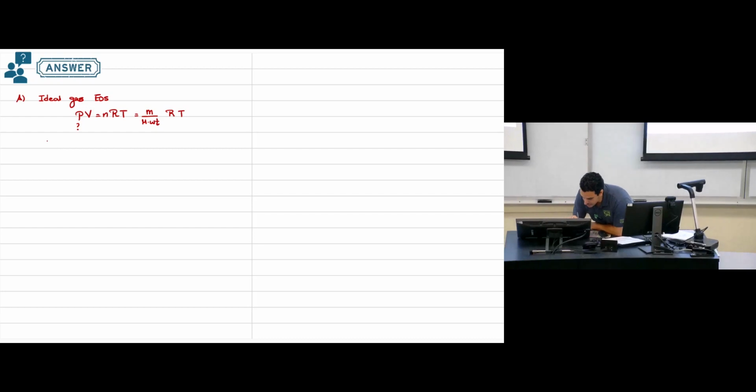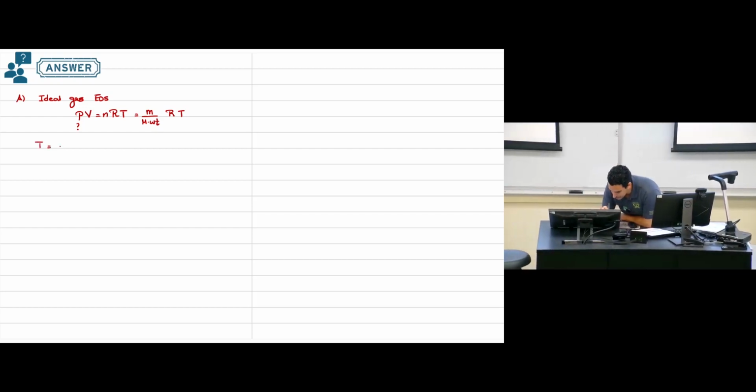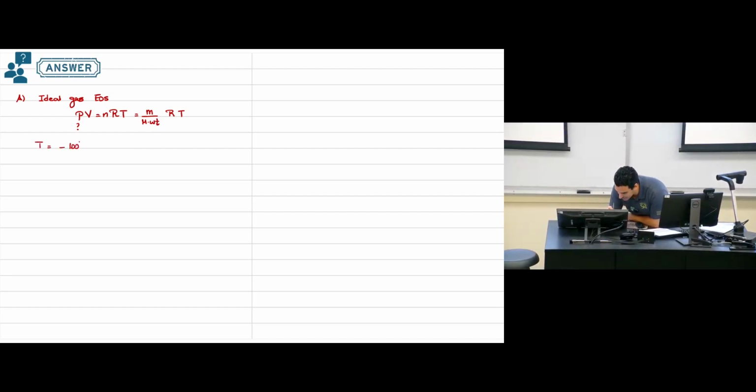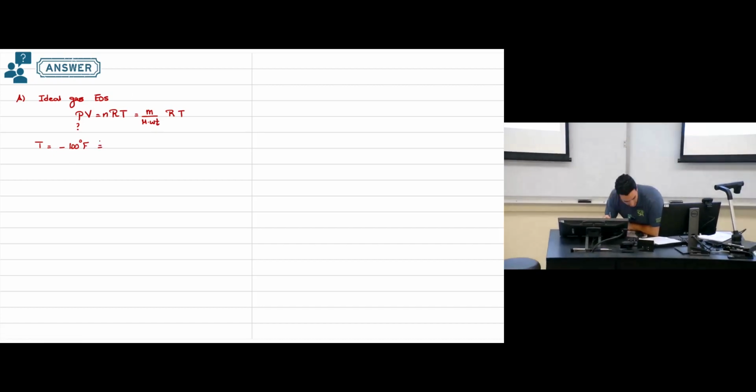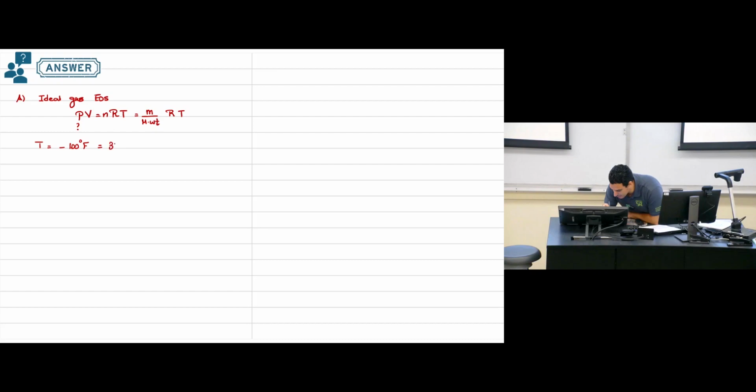The temperature is negative 100 Fahrenheit. We don't use Fahrenheit, we use Rankine. So convert Fahrenheit to Rankine, and this will be 359.6 Rankine. The volume is given as 5 feet cubed.